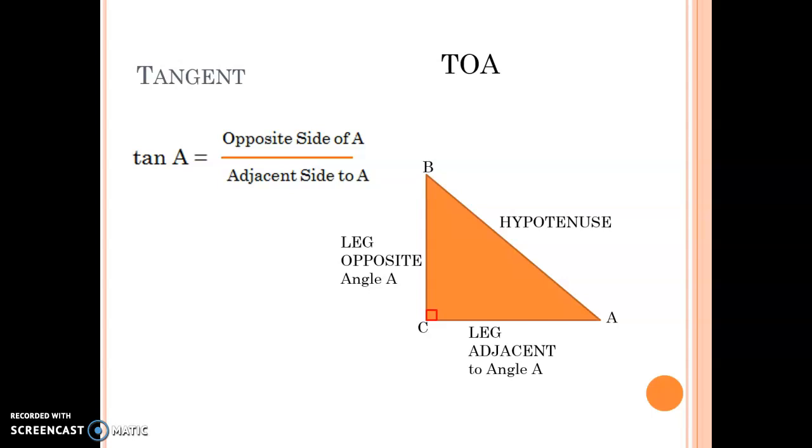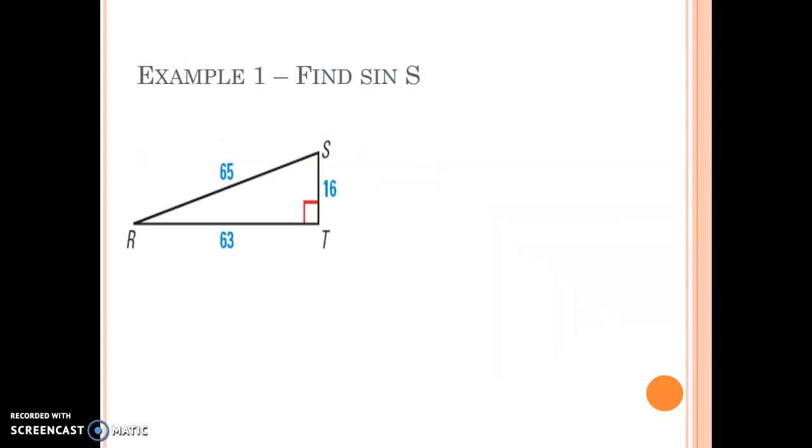So we're going to use this to find side lengths, but we're going to start with just finding the trig ratios. So here in example 1, it says find sine of S. Sine stands for opposite over hypotenuse. What we always want to start with is finding the angle that we're going to be taking our point of view from. So here's angle S. And then we label the opposite, the hypotenuse, and the adjacent in order to figure out what part of the triangle we actually need.